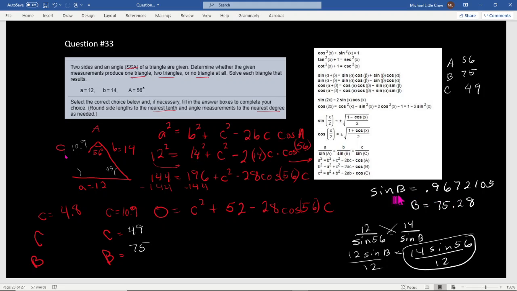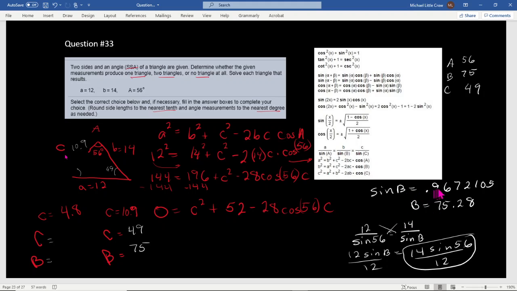Remember, there are two places where sine would be positive and have this angle. So to get the other one, this is going to be a larger value here. You can solve this without going too far.